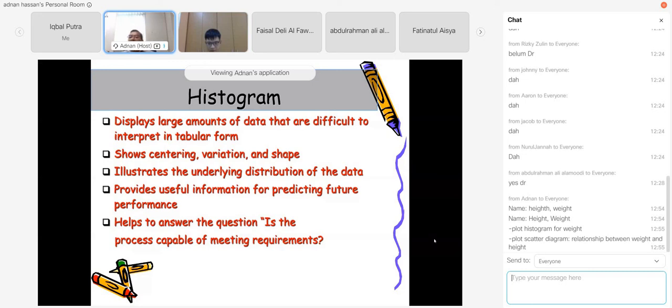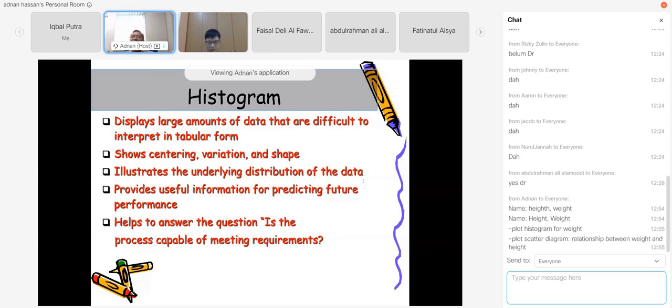I have 48 students online, so I am expecting 48 data. Once you put it, I will copy this data and put it in Telegram. You use this data to plot the histogram and scatter diagram.